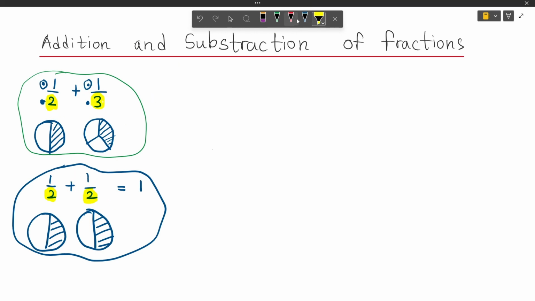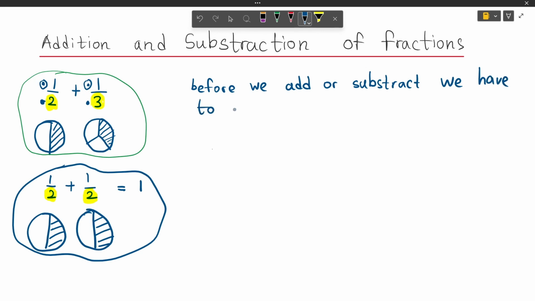Okay, so do you understand that now? Before we add or subtract, we have to make the denominators equal.